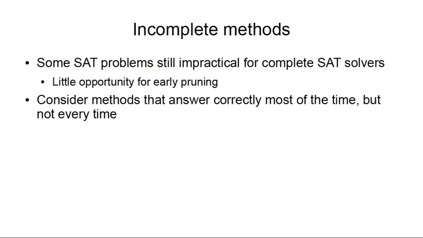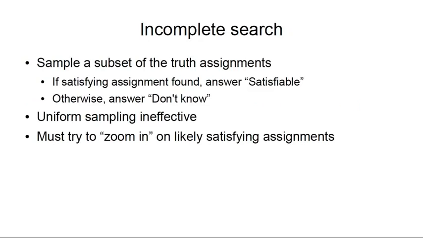Some SAT problems are still impractical for complete SAT solvers. For example, some instances offer very little opportunity for early pruning. In these cases, one must consider methods that are incomplete. For example, an incomplete search. The basic idea here is to sample a subset of the truth assignments rather than exhausting them.